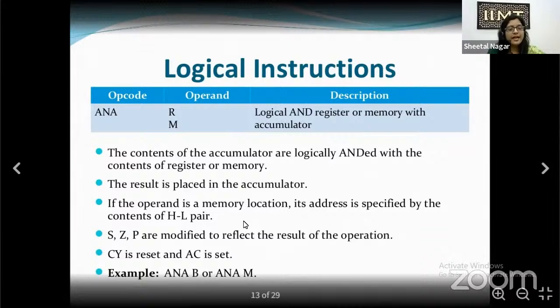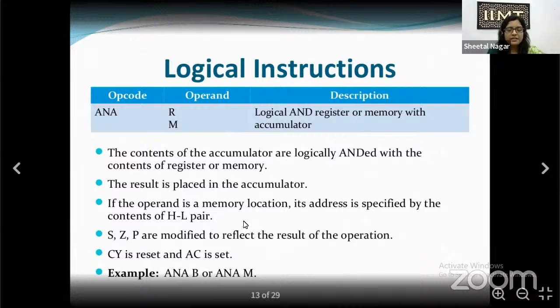Sign, zero and parity flags are modified to reflect the result of the operation. So the carry is reset and the auxiliary carry is set in this case.